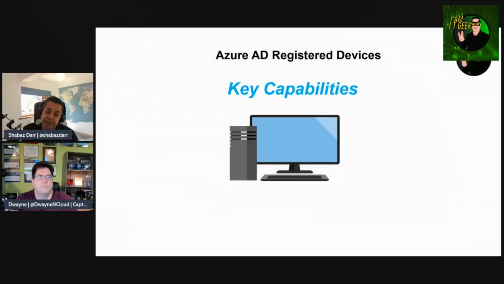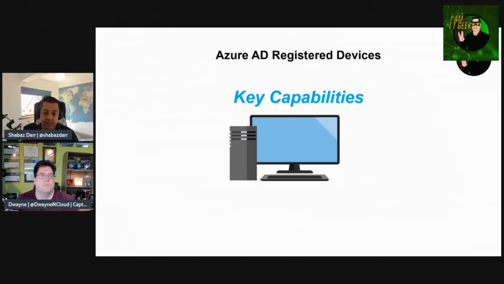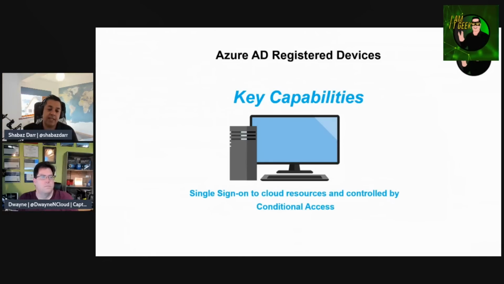Just a few key capabilities before we move on for Azure AD registered devices. Single sign-on to the cloud resources, and it's controlled by conditional access. Being an Azure AD registered device, it falls under that conditional access area, and those policies can be used to control access, what BYOD devices can and cannot access.